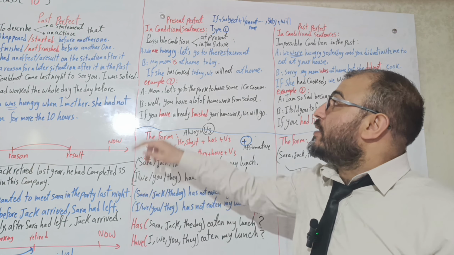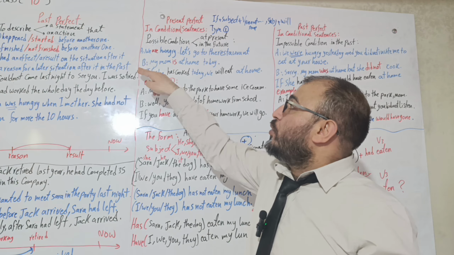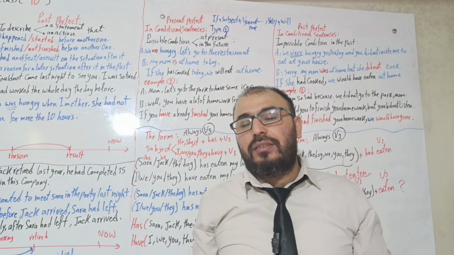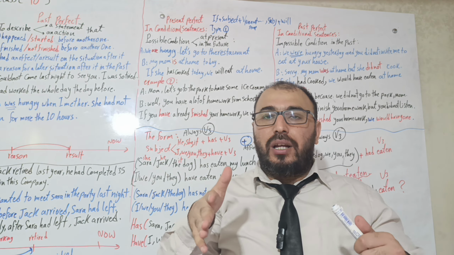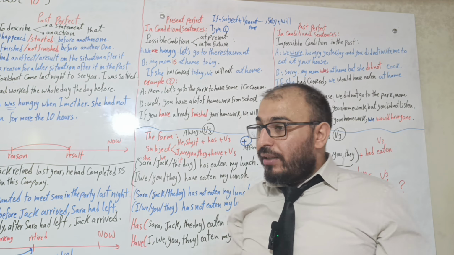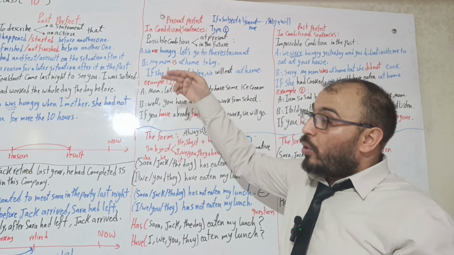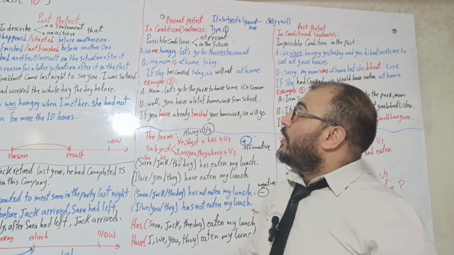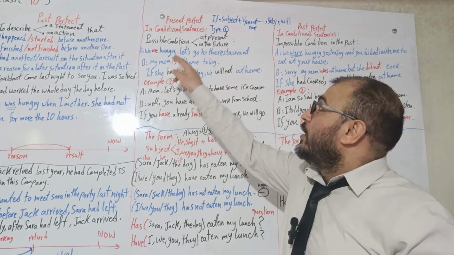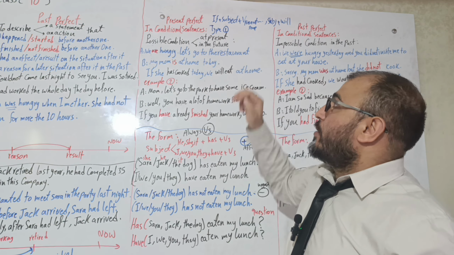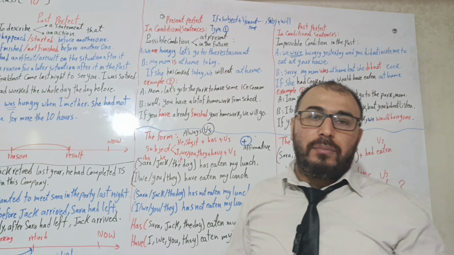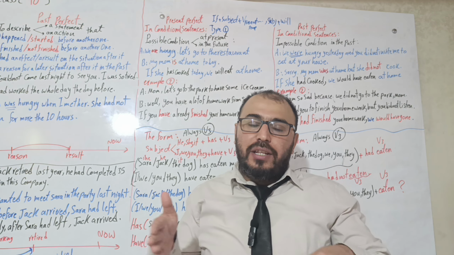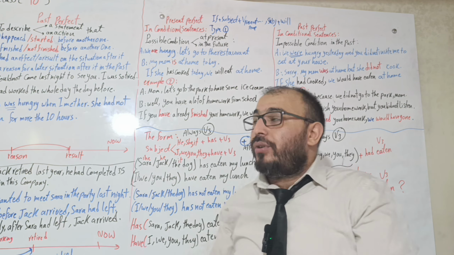In this example, we are hungry. Two people are speaking, me and my friend. We are in the car now, we're talking now, and he tells me, we are hungry, let's go to the restaurant. So he's telling me that he's hungry and he is suggesting that we go to the restaurant.